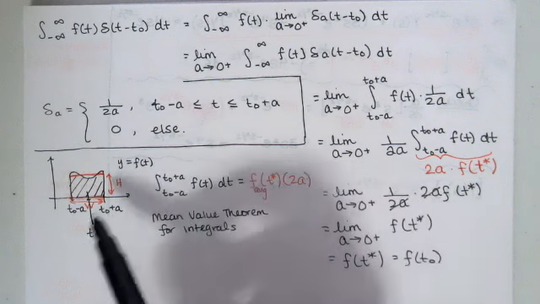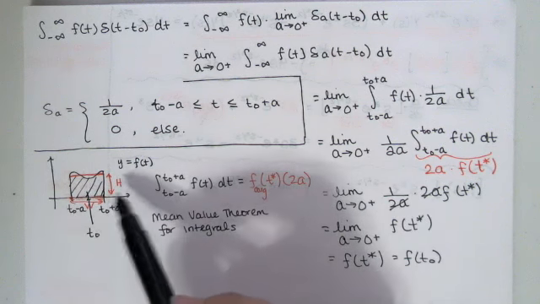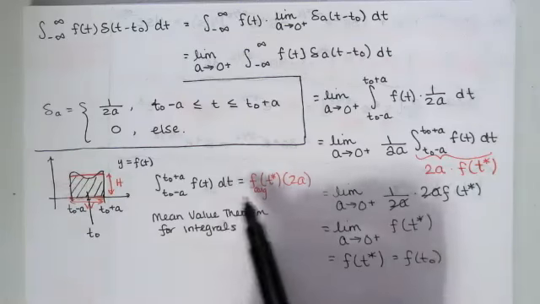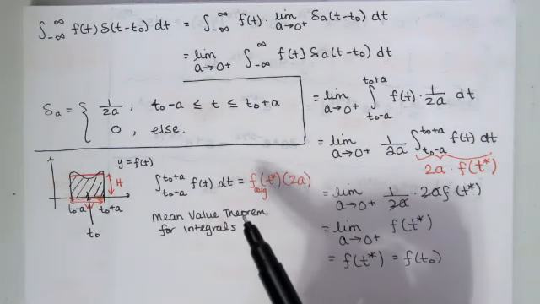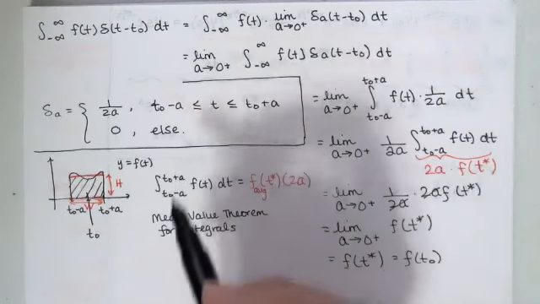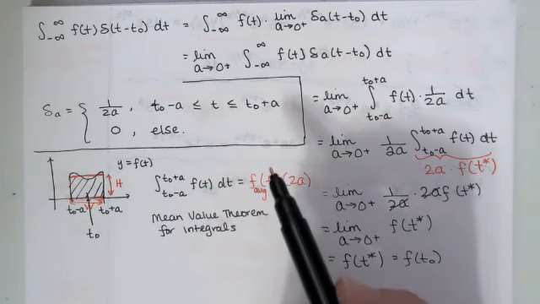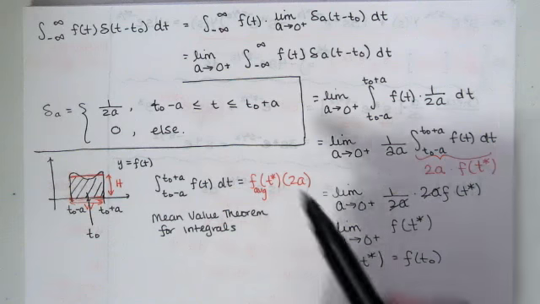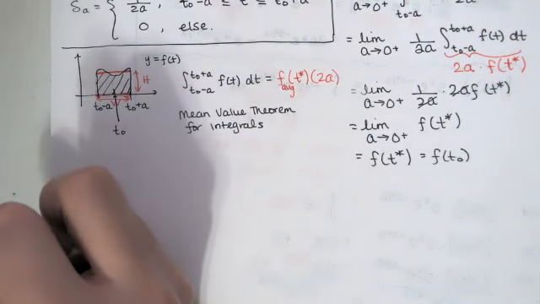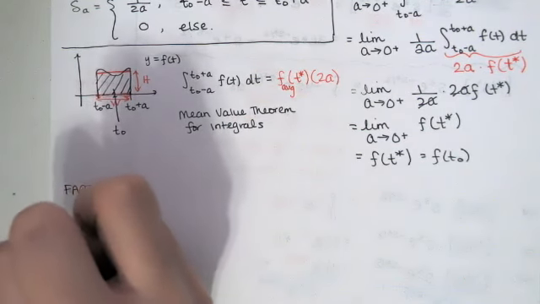There's some value t star on the interval from t naught minus a to t naught plus a, where f will be equal to the average value of f over that interval. And if we're shrinking that interval, so a is approaching 0, well then that t star must actually be equal to t naught. So that's another fact that we have just kind of proven.